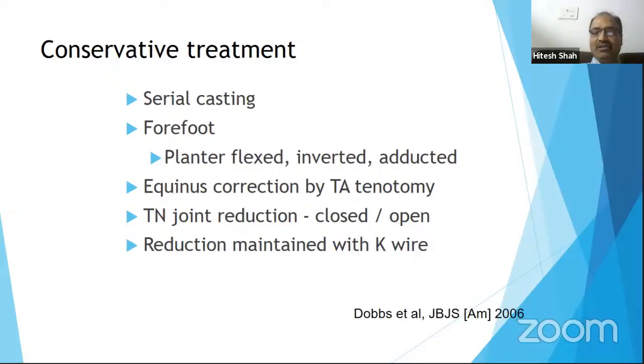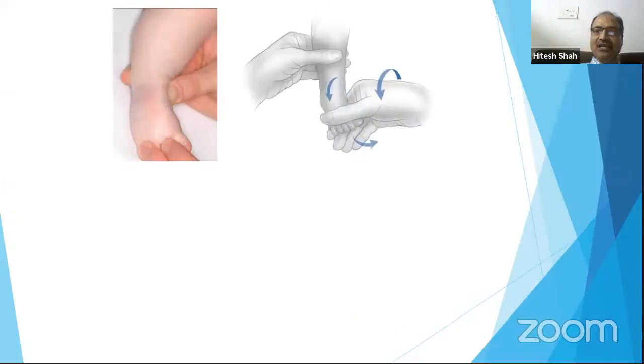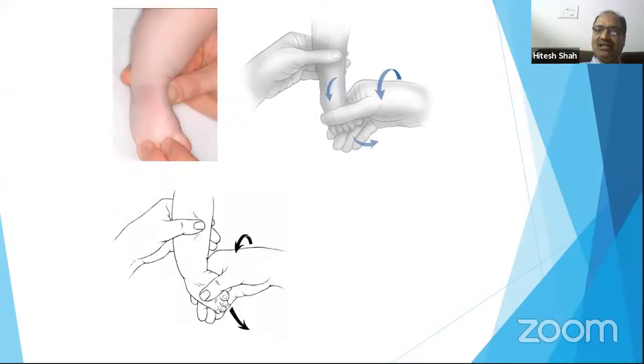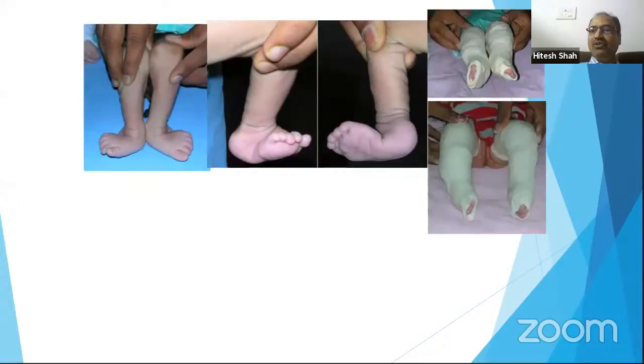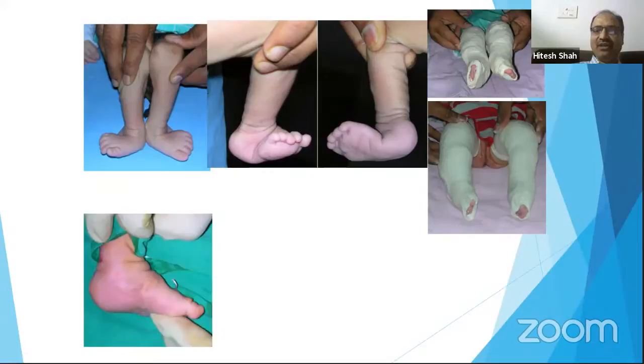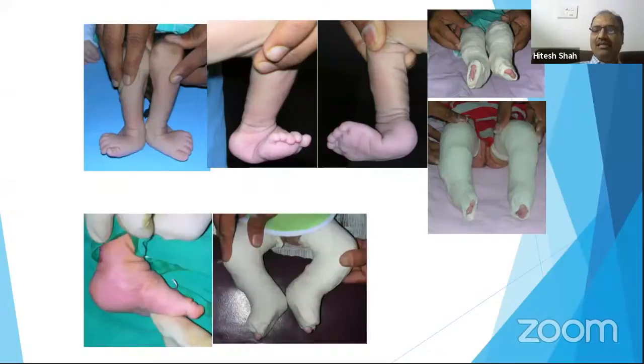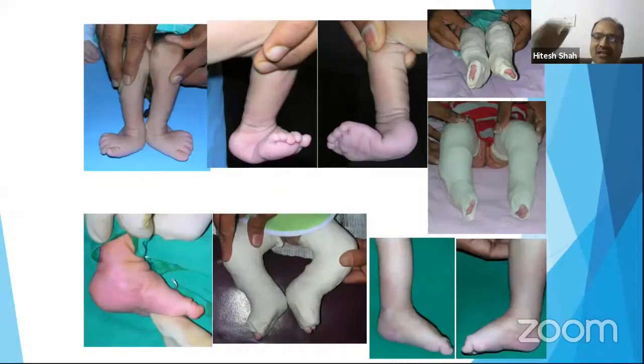That is the basic principle of the Matthew Dobbs or reverse Ponseti. This is a child with an abducted and everted foot; you put the plaster in plantar flexion and inversion, and after fixing the talonavicular, maintain with the plaster, and this is the result.